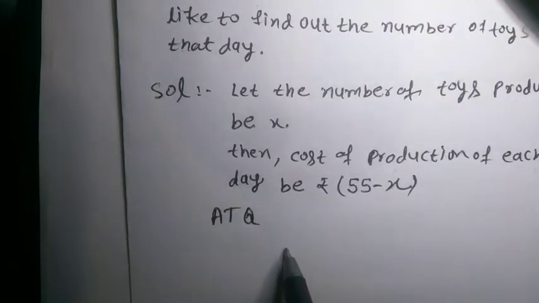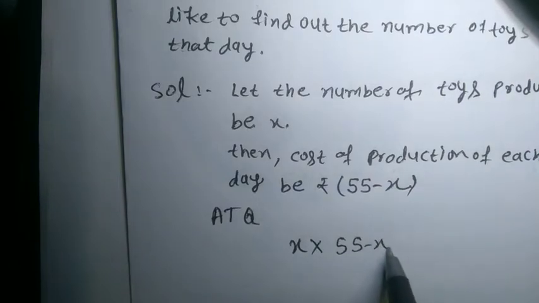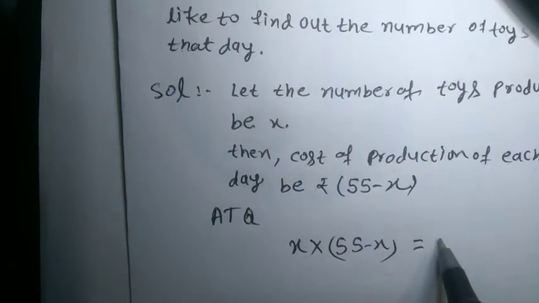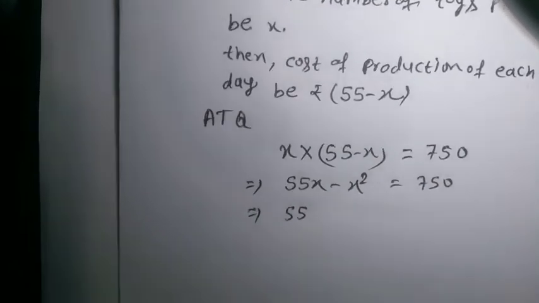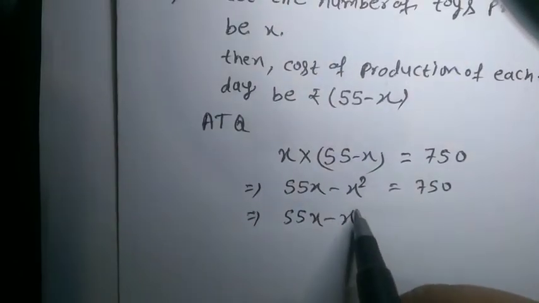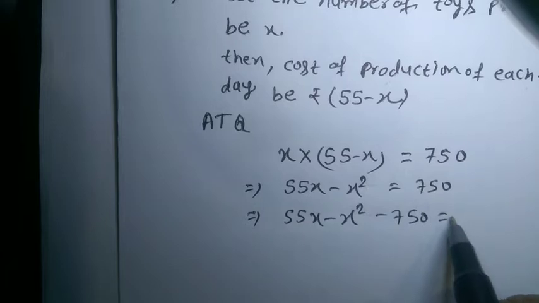So we multiply x into 55 minus x, that is equal to 750, which implies 55x minus x square is equal to 750, which implies 55x minus x square minus 750 is equal to 0.